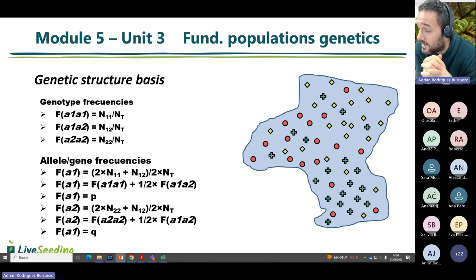For instance, the frequency of allele A1 can be estimated on the basis of the number of individuals. For individuals 1,1, you must consider that each of them provides two alleles 1 to the population, isn't it? So the total number of alleles 1 provided by these individuals is 2 times the number of individuals 1,1.